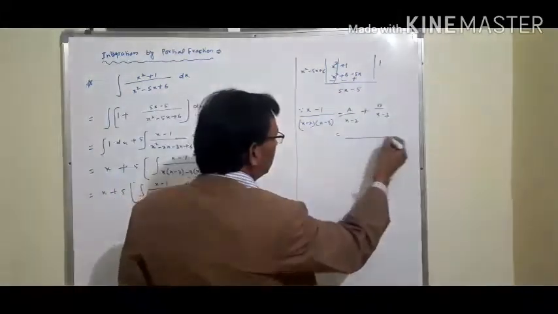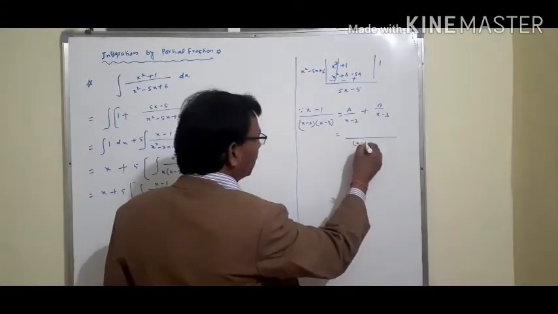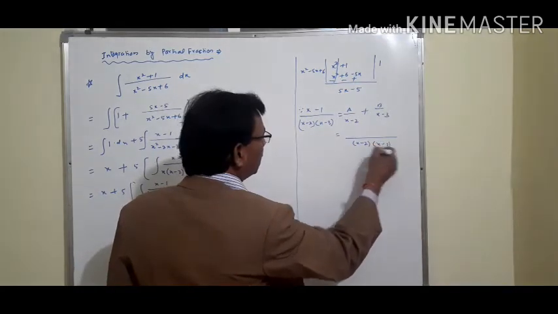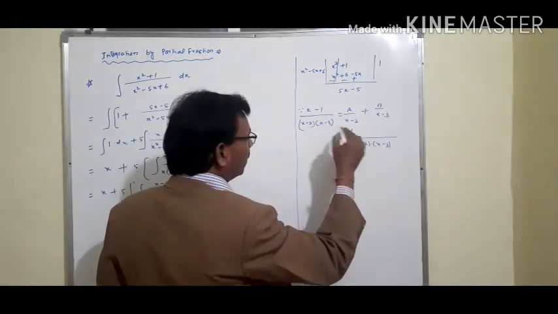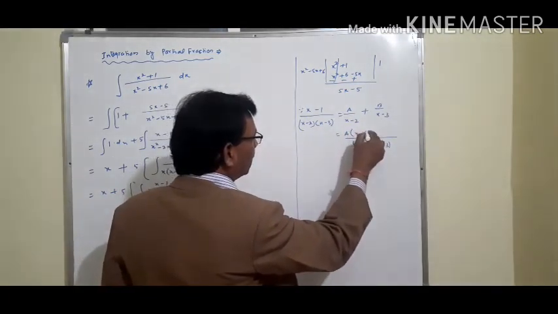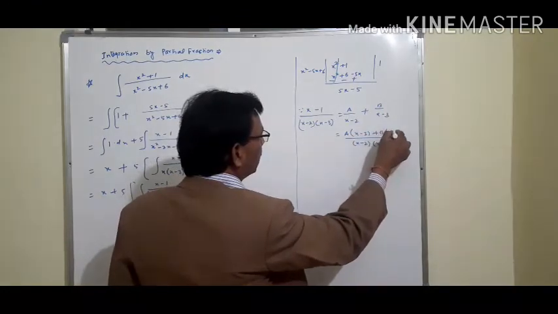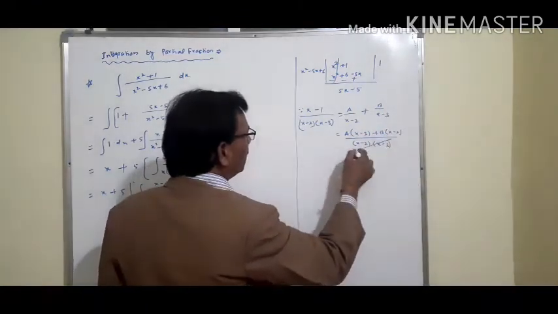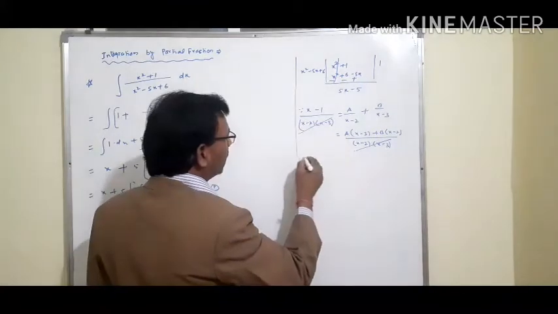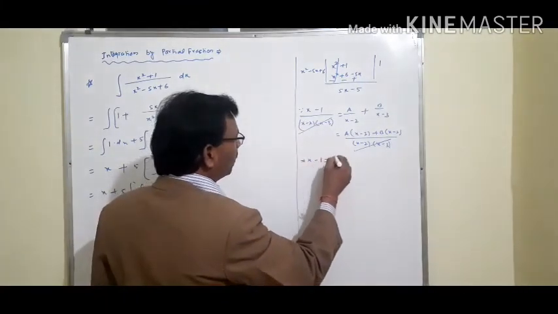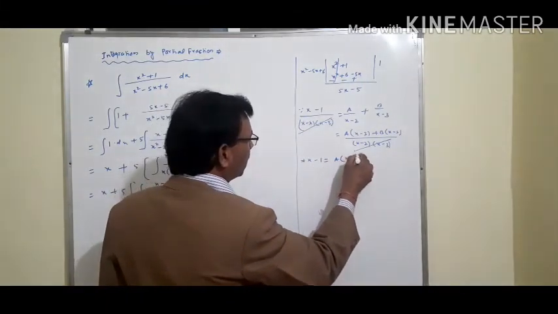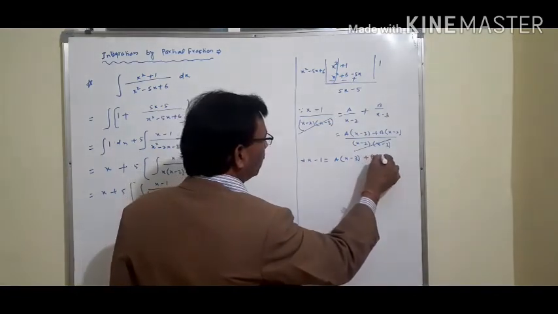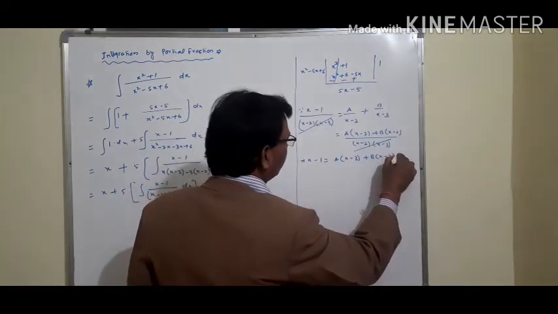Taking LCM, the LCM will be (x minus 2) into (x minus 3). Then this will be A into (x minus 3) plus B into (x minus 2), and the denominators cancel, so x minus 1 equals A into (x minus 3) plus B into (x minus 2).